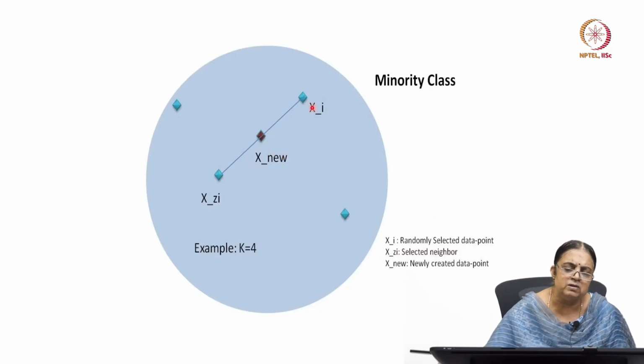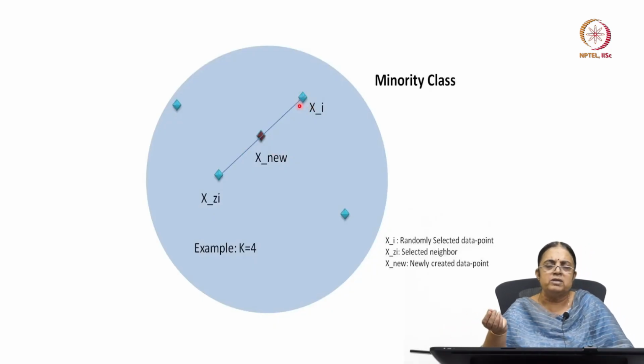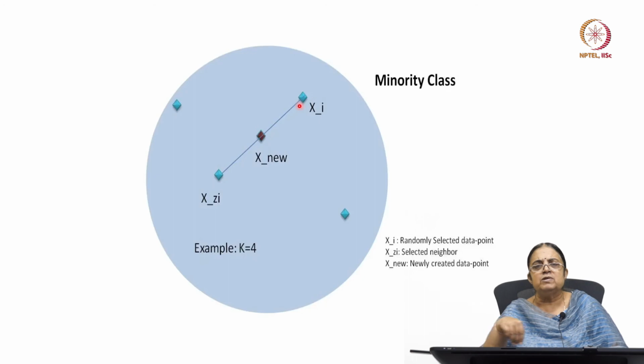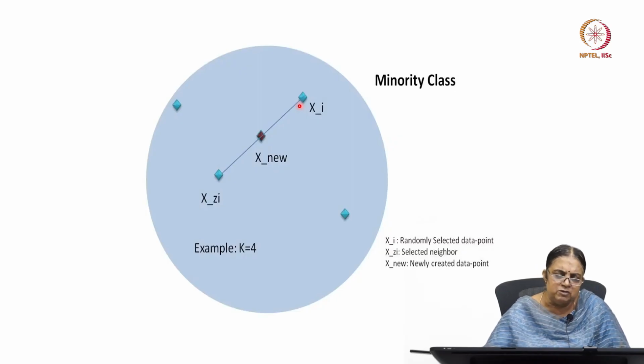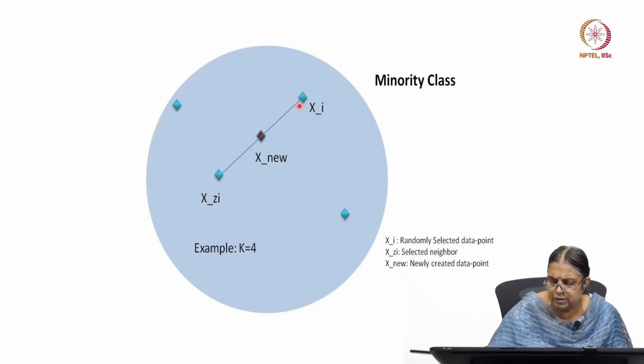One more method that you could use is to choose some point, find the k neighbors of that and find the average of those k neighbors, and that point can be taken as your new point. So in this way different methods can be used for finding the new point.